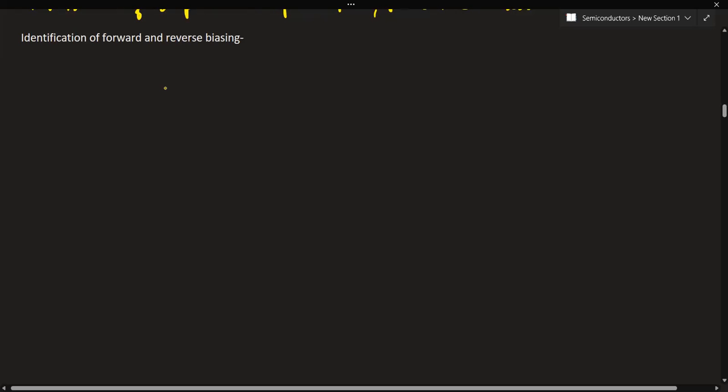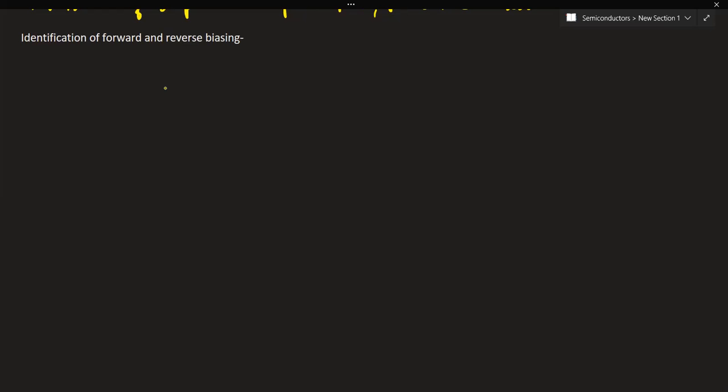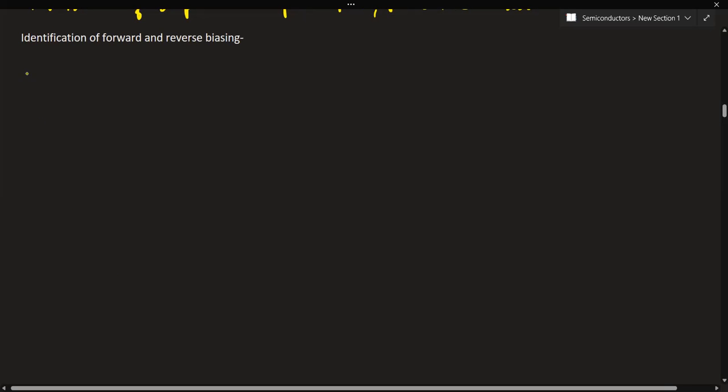Okay, now let us see, if you are provided with a PN junction, you should be able to identify whether it is positively or negatively biased. So let's say this is a PN junction diode. This is the P part, this is the N part. Here, let's say this is 10 volts, this is plus 3 volts.